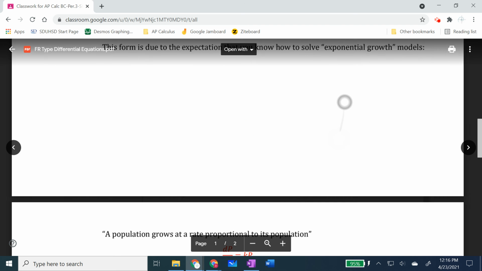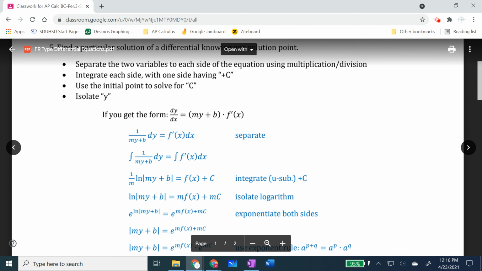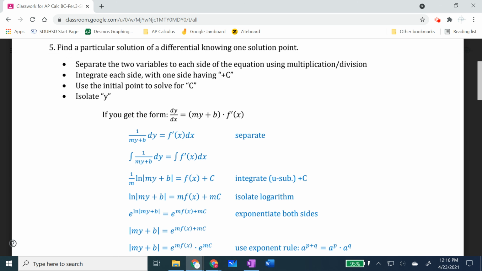I want to point out that what I have written up here is what you can very likely expect as a type of problem that you will need to solve by separating the variables.